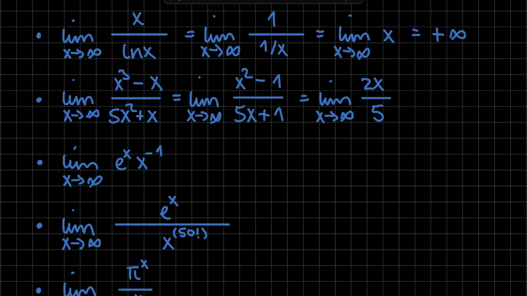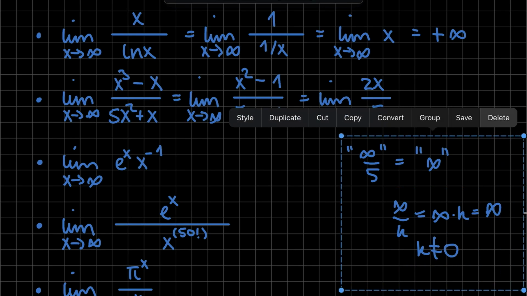And now we have 2 times infinity by direct substitution, which is just infinity over 5, and that is just infinity. Infinity divided by any constant, or infinity times any constant, is always just equal to infinity, given that the constant is not 0, and in this case it's 5. So we know that this is just infinity.